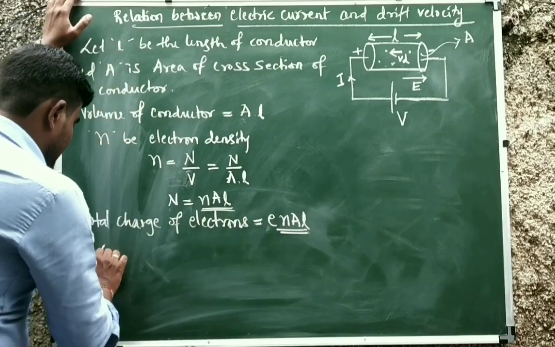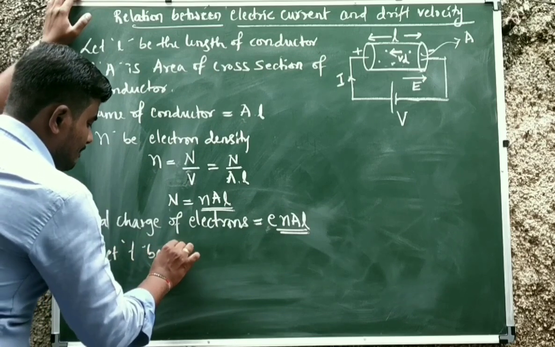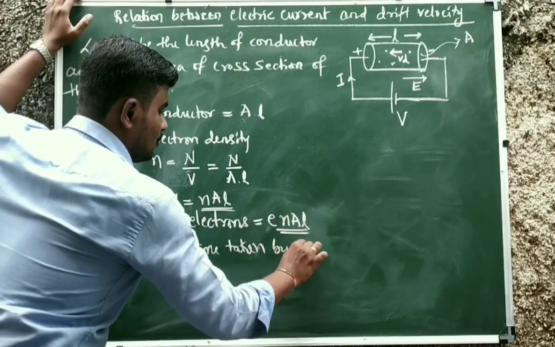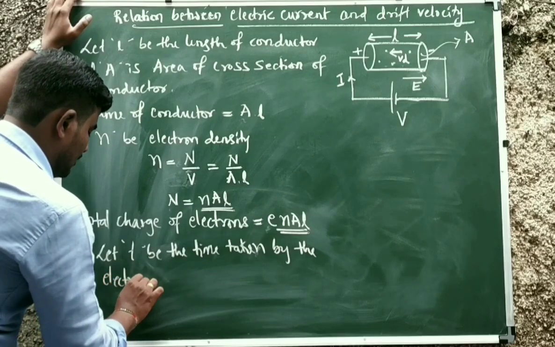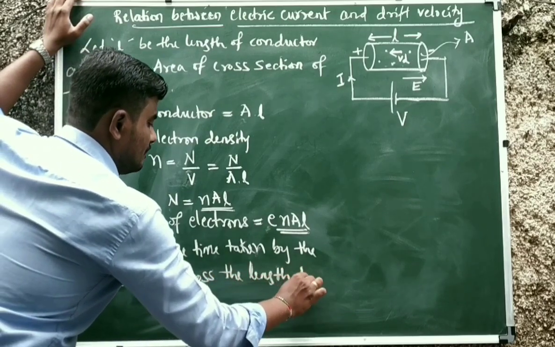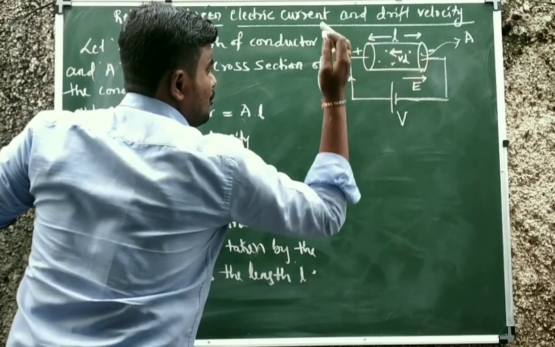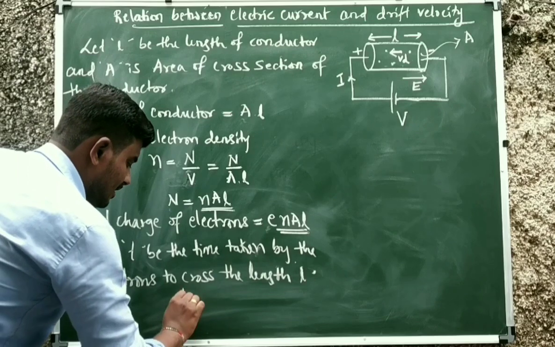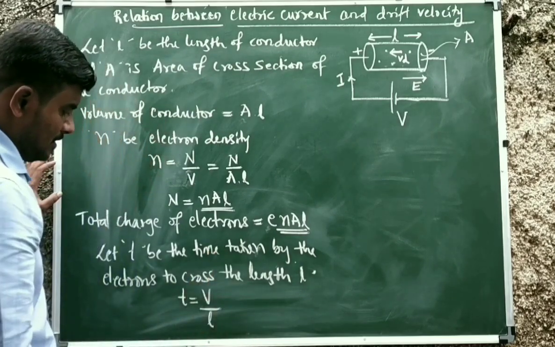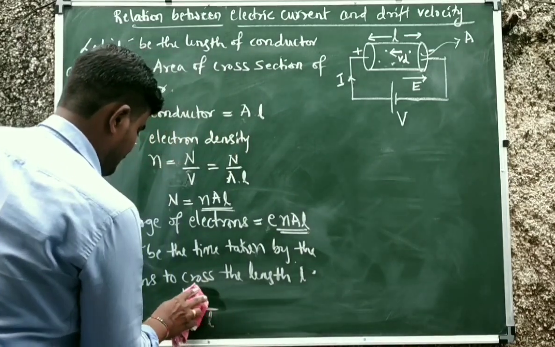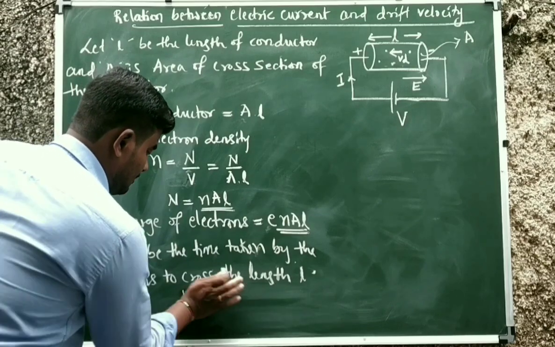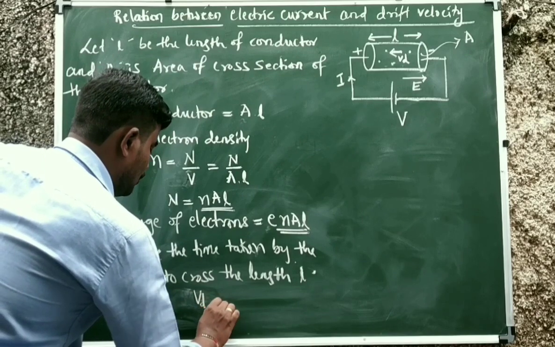Okay, next let T be the time taken by the electrons to cross the length L. Consider the electrons are crossing from this point to this point, having a length of L. Velocity is equal to distance divided by time.